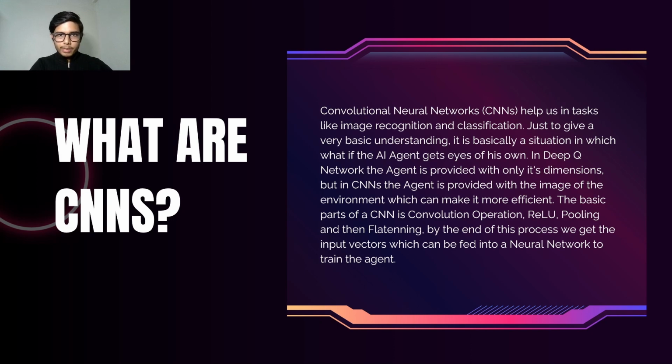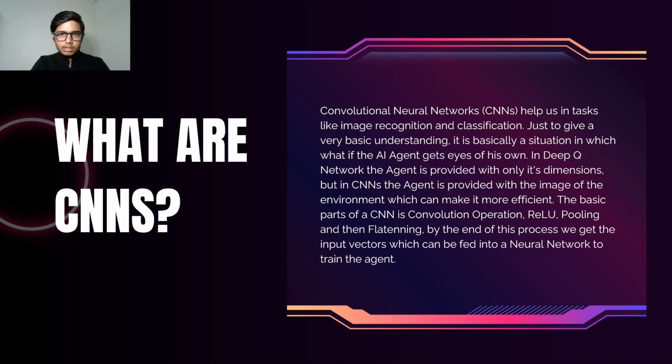Just to give you a very basic analogy, let's say you have an AI network which can play a game, and the first prototype that you build of that game doesn't use CNN. Because you're not using CNN, the AI is missing out on a lot of potential to be much better. Let me give you an example of how it's more beneficial to use CNN than the basic AI network.